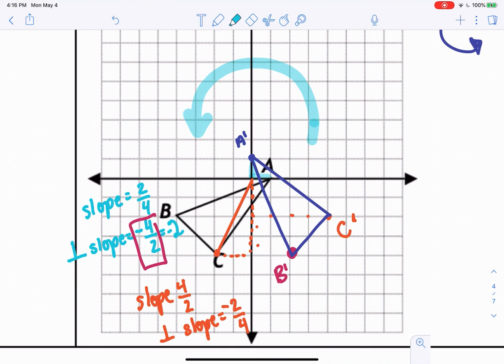So A to A prime, yep, that's a 90-degree angle in the proper direction. B to B prime, yep, that's a 90-degree angle in the proper direction. And C to C prime, yep, that is a 90-degree angle in the counterclockwise direction. So this dark blue triangle that we've created is the pre-image that has been rotated. All right, let me know what questions you've got.